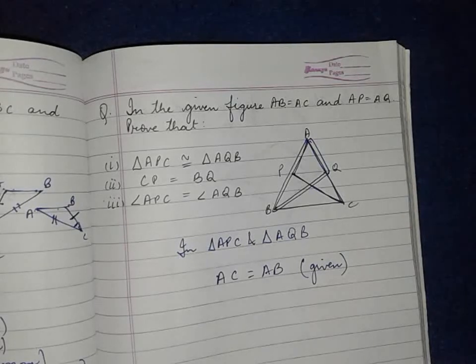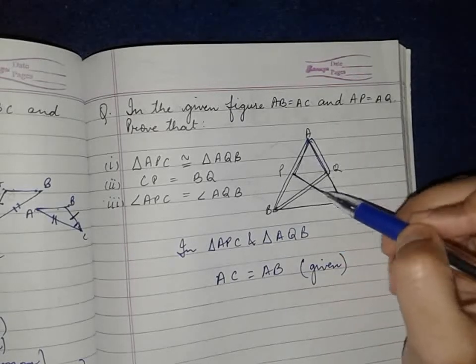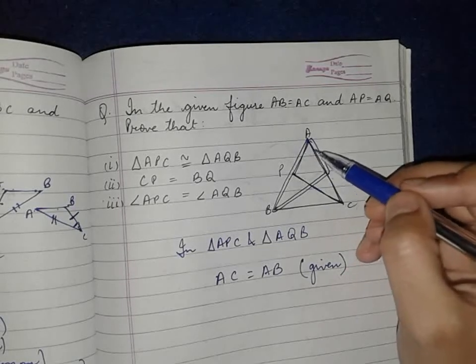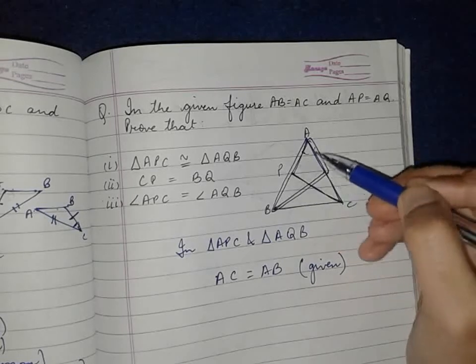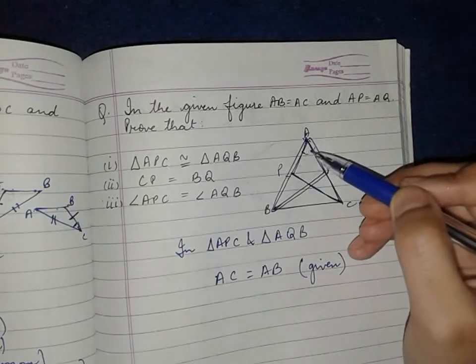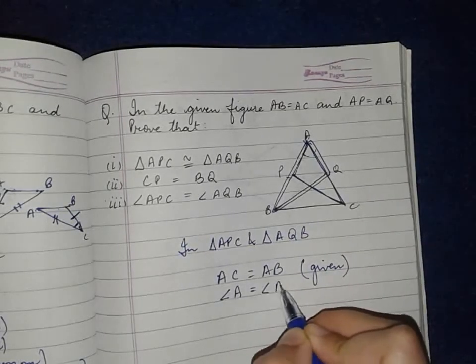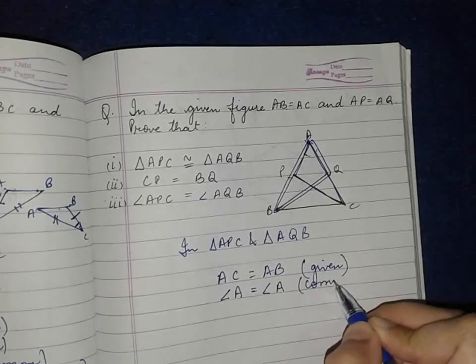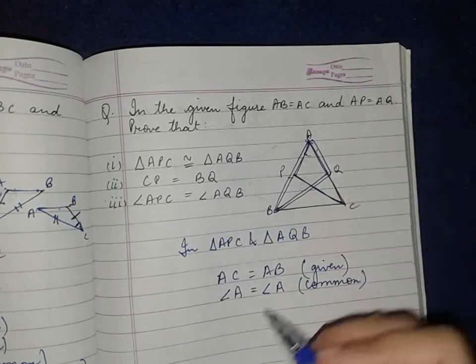We have to search for an angle. When three sides are not equal, at least one angle should be equal. Now, can you see any equal angle? No, but this angle A is coming in both the triangles. This angle A is coming in this triangle also and this triangle also. So, angle A is common here. So, I will write angle A is equal to angle A. Reason: common. And then what is left? AP is given equal to AQ.